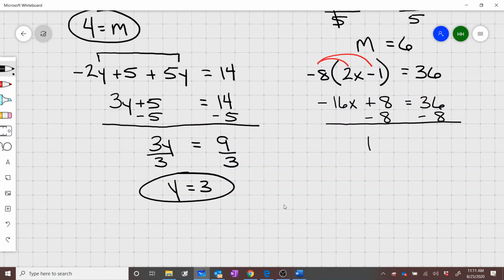Negative 16x is equal to 36 minus 8. That's 28, right? 28. Then we divide both sides by negative 16. So the 16s cancel, and x is equal to a positive divided by a negative.